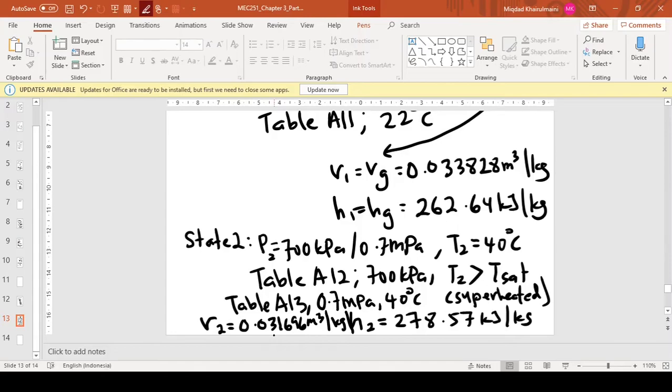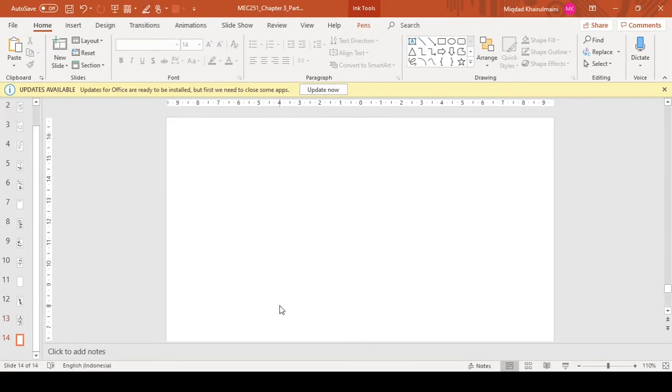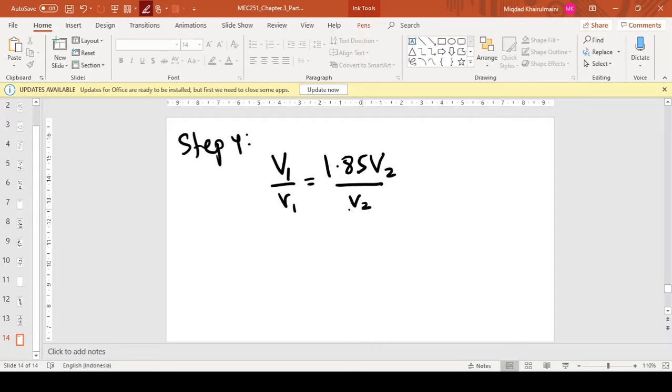Finally, for step 4, what we do is substitute and solve. Using the first equation just now, our continuity equation: velocity at state 1 over specific volume at state 1 equals 1.85 times velocity at state 2 over specific volume at state 2. Either you rearrange or you just put in the values, it's up to you.